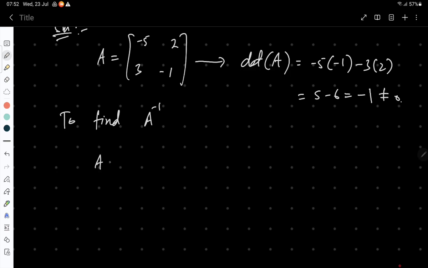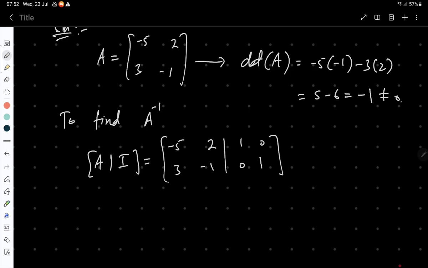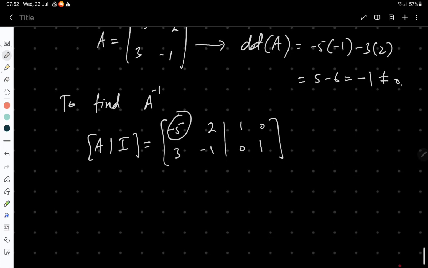We assume the augmented matrix, which is -5 2 3 -1 | 1 0 0 1. So first of all I have to make this 1. This can be 1 if we divide row 1 by -5, or if we add 2 times 3. If I add 2 times this number, I can still get 1. What does that mean?